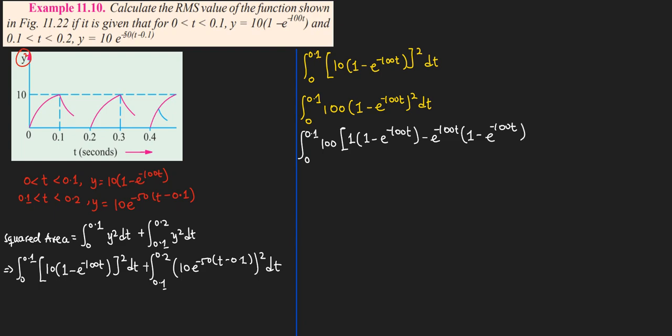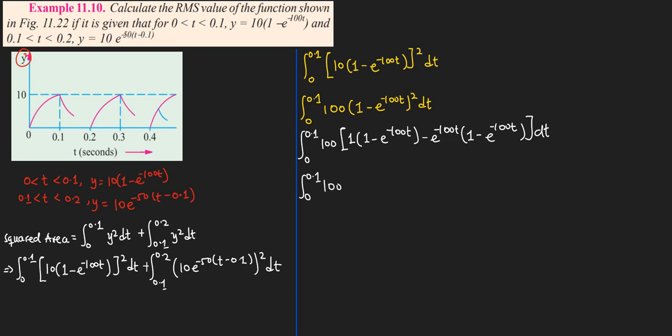It's squared, so I just did it as two brackets multiplying each other, and then I expanded it. Let's simplify this. We're going to have the integral from 0 to 0.1.